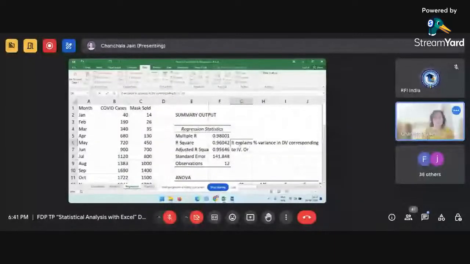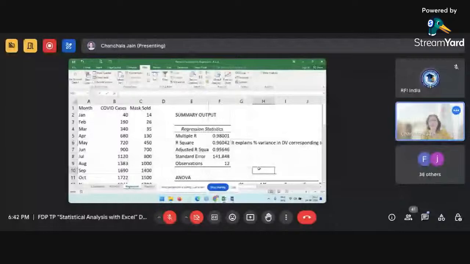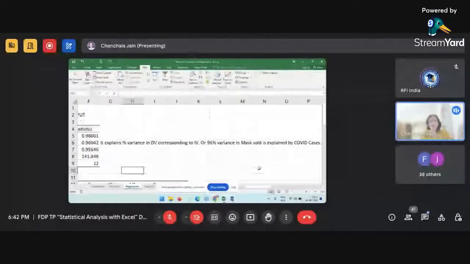Or in simple language, I can say it means 96% variance in mass sold is explained by COVID cases.